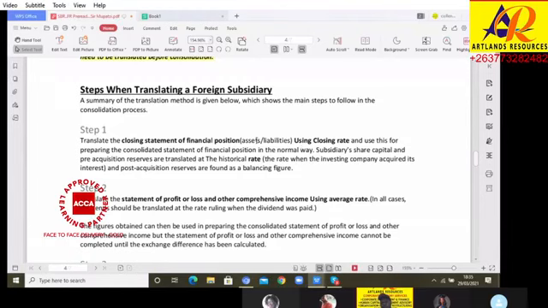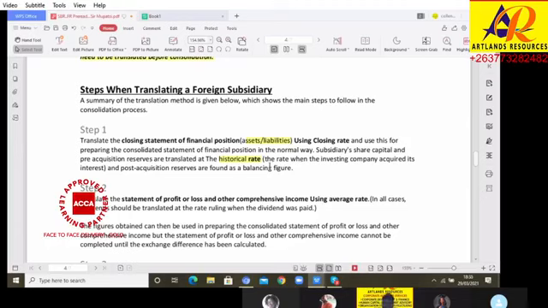Subsidiaries, notice what you translate using closing rate are merely assets and liabilities. But a subsidiary's share capital and pre-acquisition reserves are translated at historical rate, meaning the rate which was prevailing when you acquired your interest as a parent, the rate which prevailed on the date of acquisition.